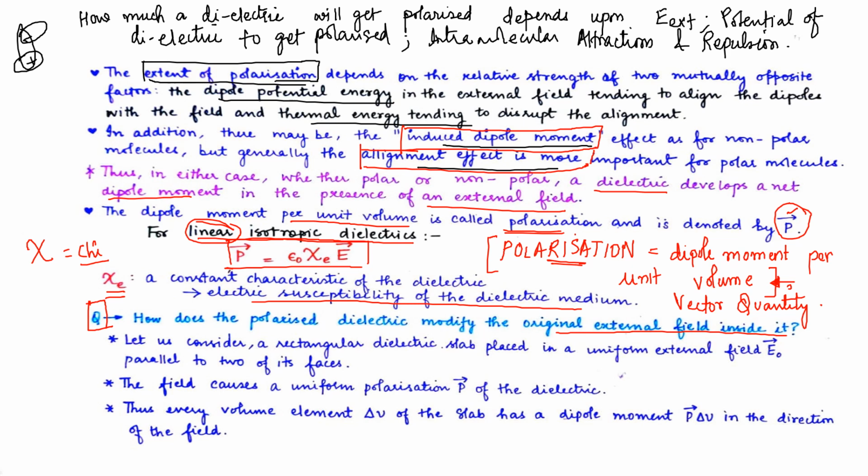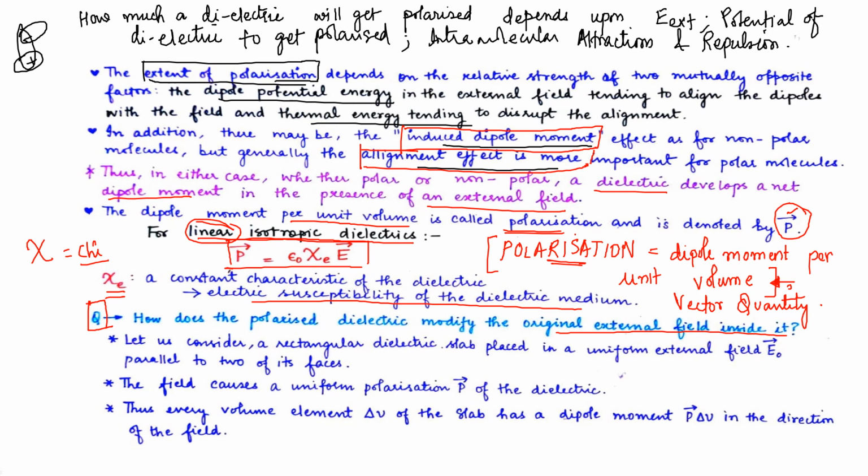To modify the external field, we need to know the polarizing property of dielectric molecules. Once we know this property, it is very helpful for us to choose the shape and size, to what extent we want to modify our external electric fields. So this is a very nice question and should be answered very confidently, so let's get to the solution.